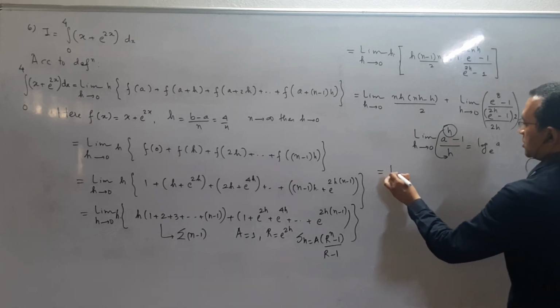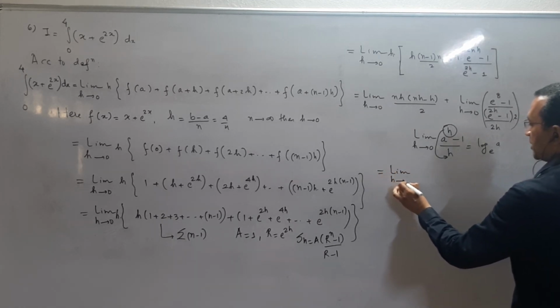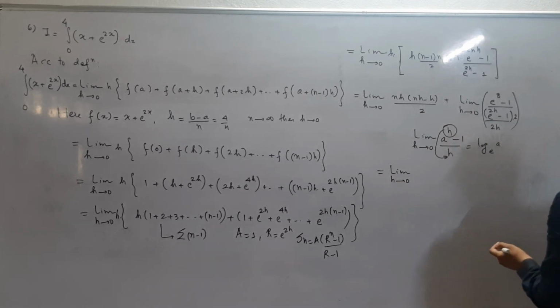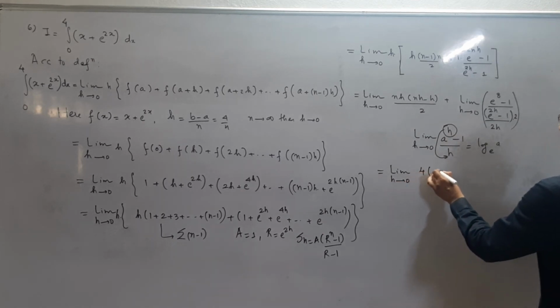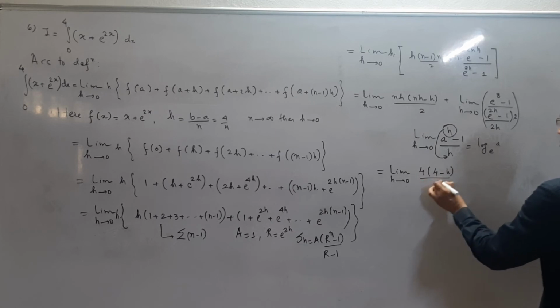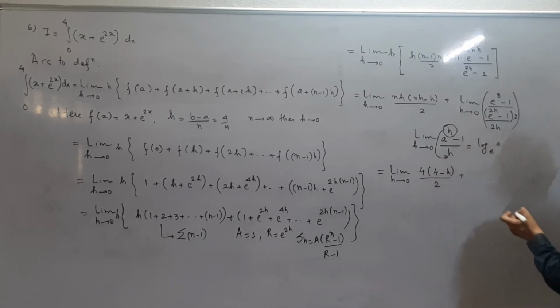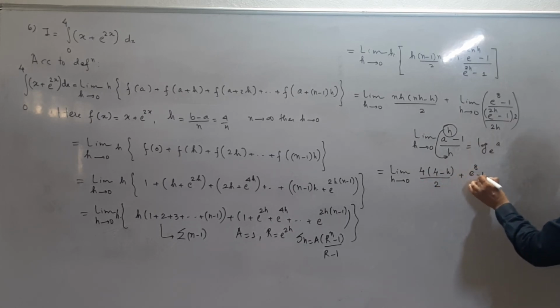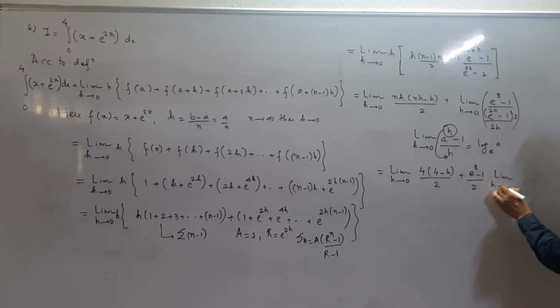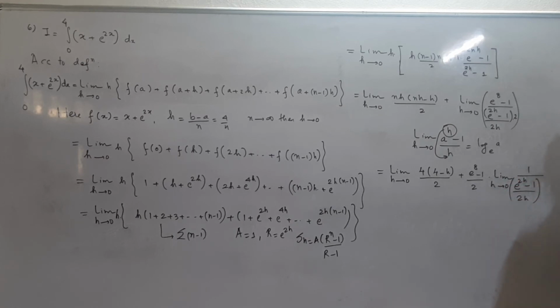Now, changing this to limit h tends to 0, nh is how much? 4 into 4 minus h by 2 plus e raised to 8 minus 1 upon 2 constant, limit h tends to 0, 1 upon e raised to twice h minus 1 upon twice h.